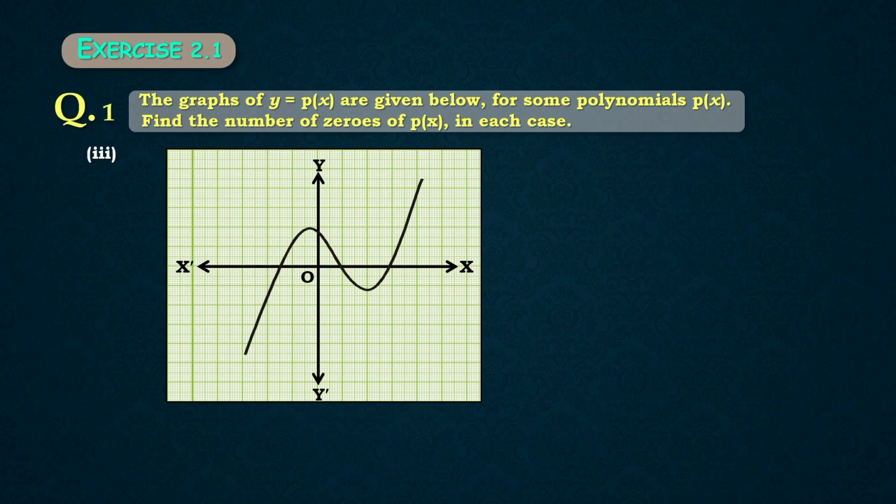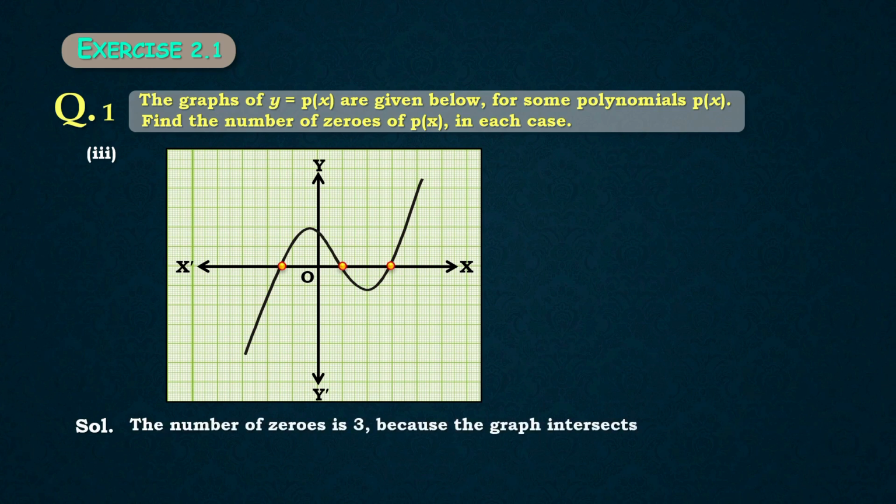Now, observe the given graph carefully. The curve intersects the x-axis at 3 distinct points, which are clearly marked on the graph. At each of these points, the value of y becomes 0. Therefore, the polynomial has 3 zeros. So, the final answer is the number of zeros is 3 because the graph intersects the x-axis at 3 points.